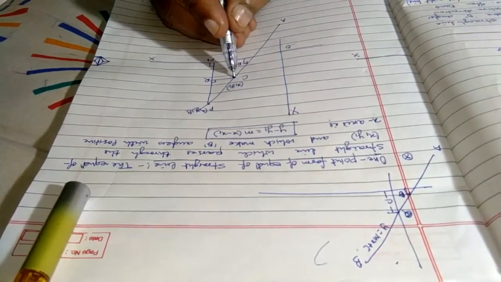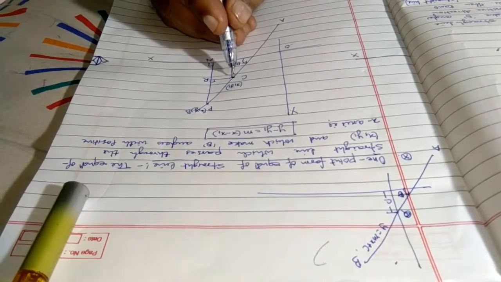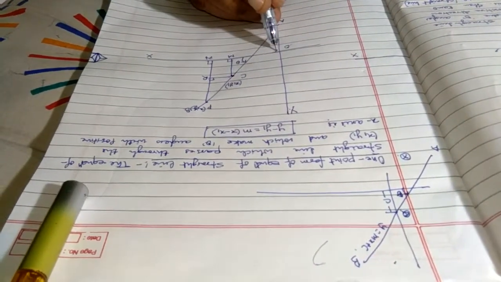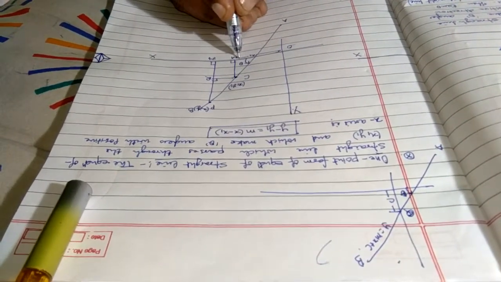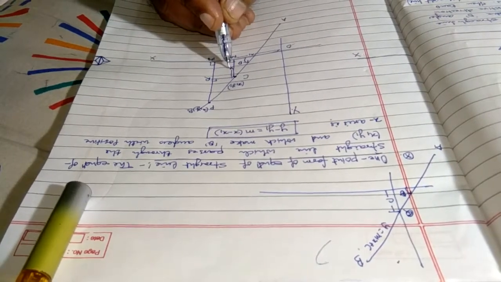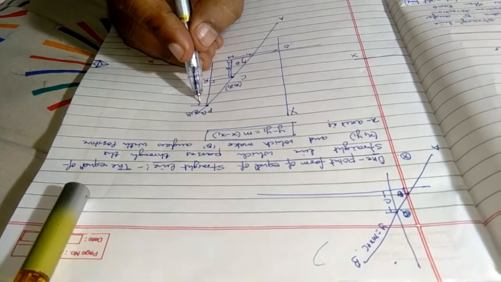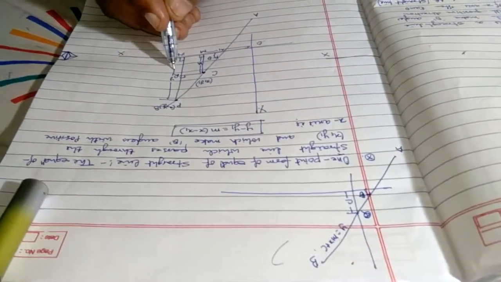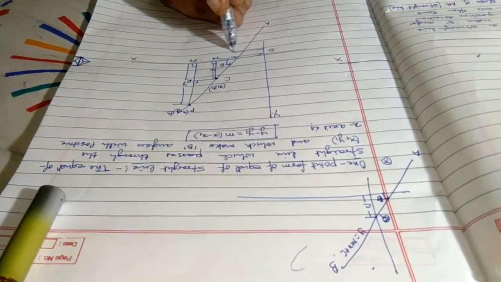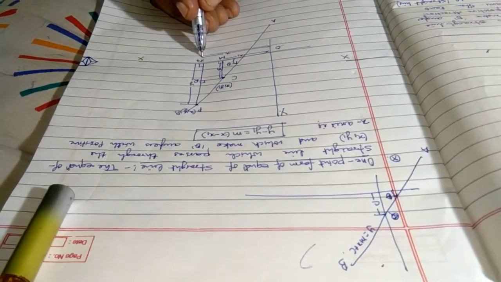Now suppose the coordinate of the point C is (x1, y1), so this distance is x1 and CM is equal to y1, and now we have taken a general point P, so this distance is y, and the distance from origin is x.